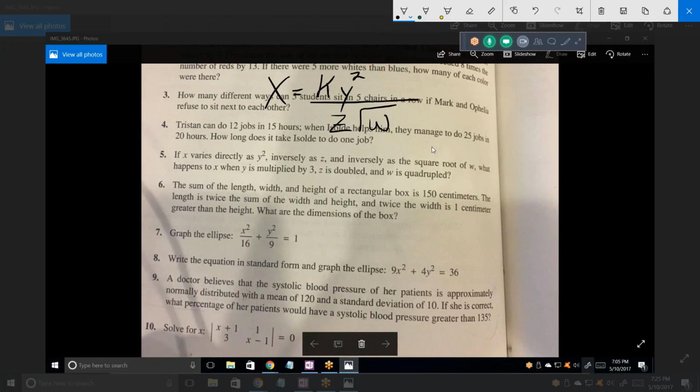Oh, a factor of 9? Exactly. In other words, what if y were 1? X is going to be whatever it's going to be. Now multiply y by 3, so it's now 3, but I have to square it, so it becomes 9. So x has to go up by a factor of 9.